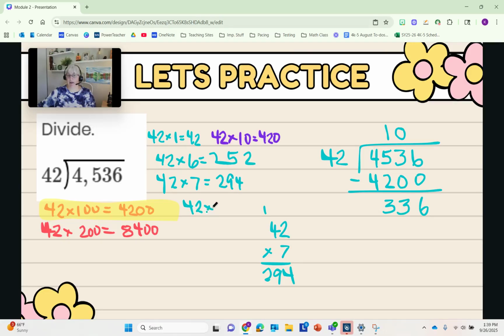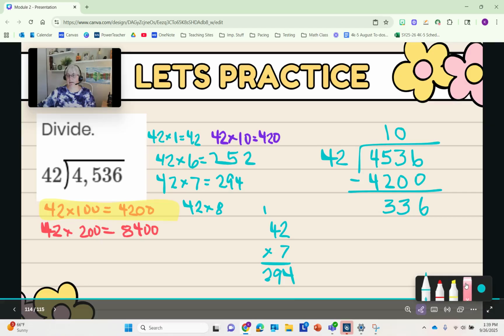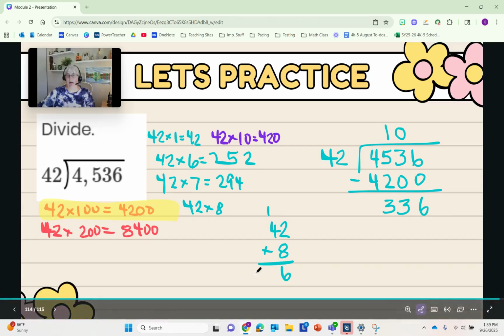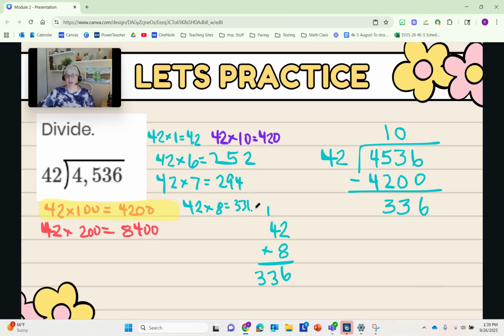We haven't gone over yet. 2 times 8 is 16. Write the 6, carry the 1. 8 times 4, 32, plus 1 more is 33. Oh, look at that. It's an exact match. 336.